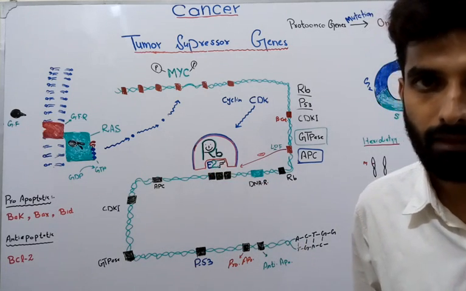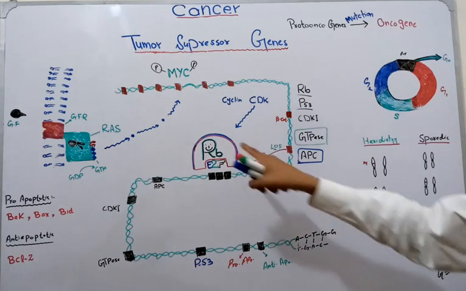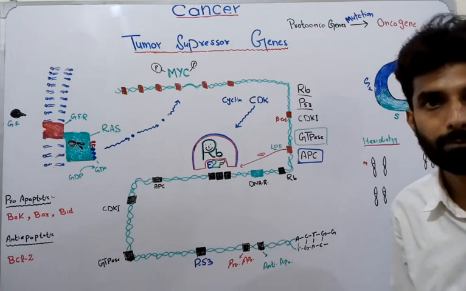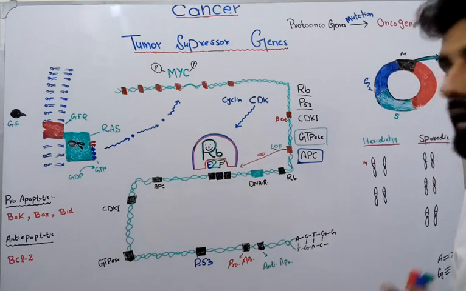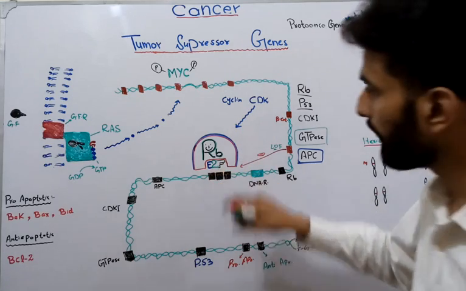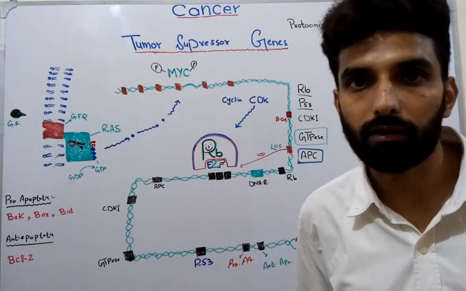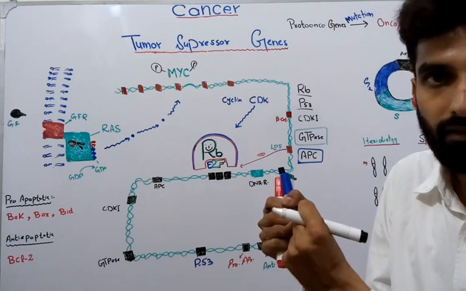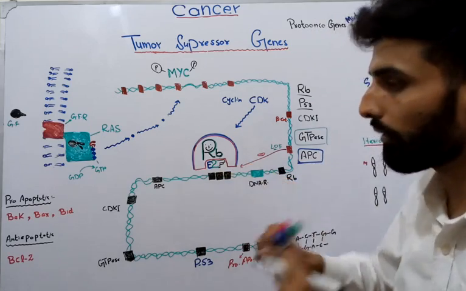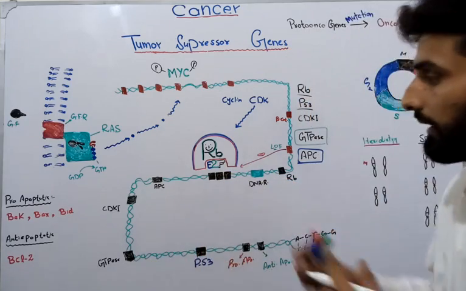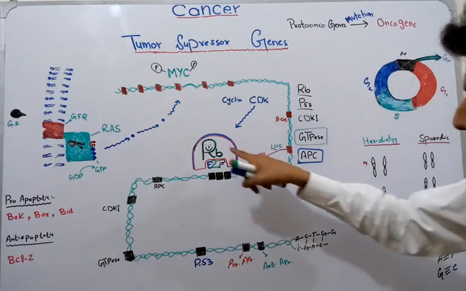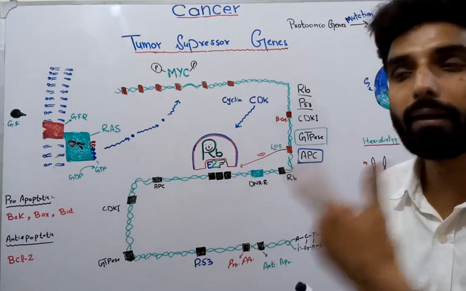E2F family. But there is a protein called RB protein produced from the RB gene. This protein is not letting E2F perform its function properly. It is always holding E2F, not allowing E2F to go and transcribe these genes. So it means this RB gene is basically inhibiting the proliferation.